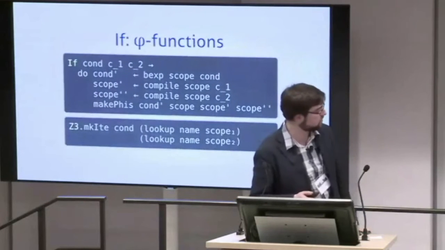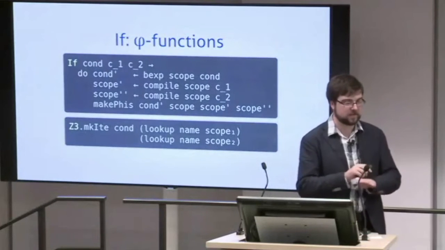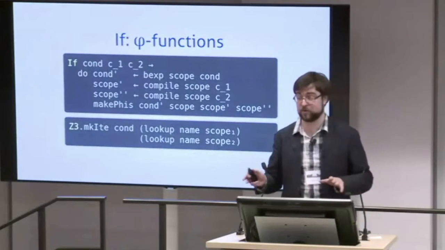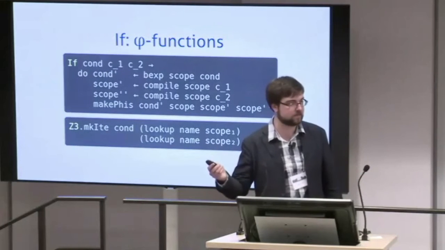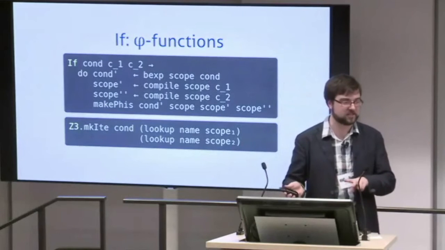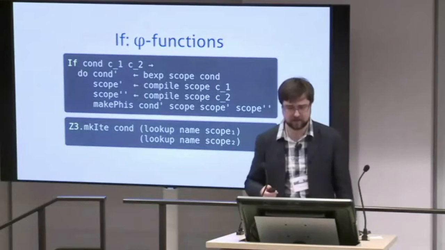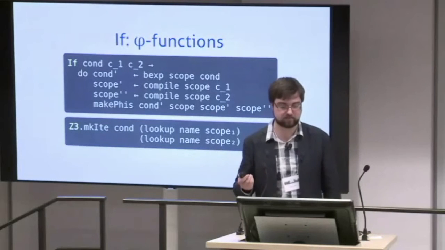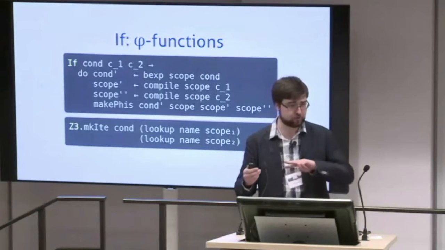And so this slide's a bit different because if statements look completely different than the interpreter case. In the interpreter case, we just branch and do the right thing. Whereas in the Z3 case, we always compile both branches because all the branching happens symbolically. And so the way we do it is just, we recursively compile both branches.